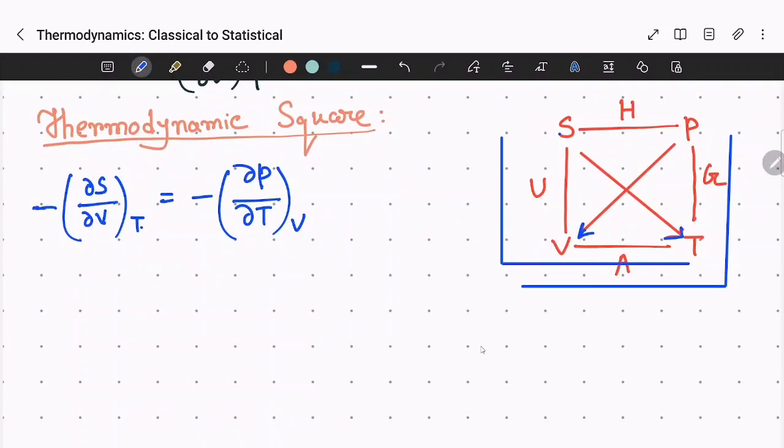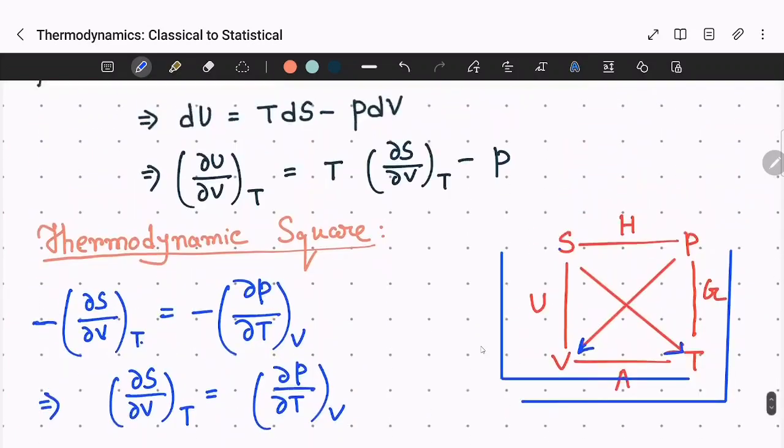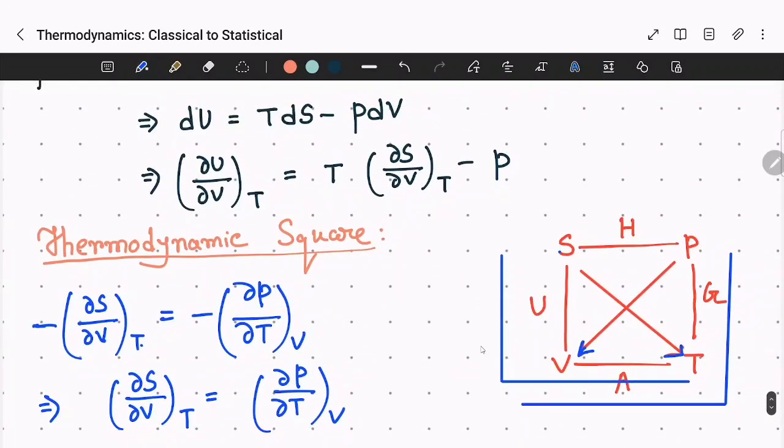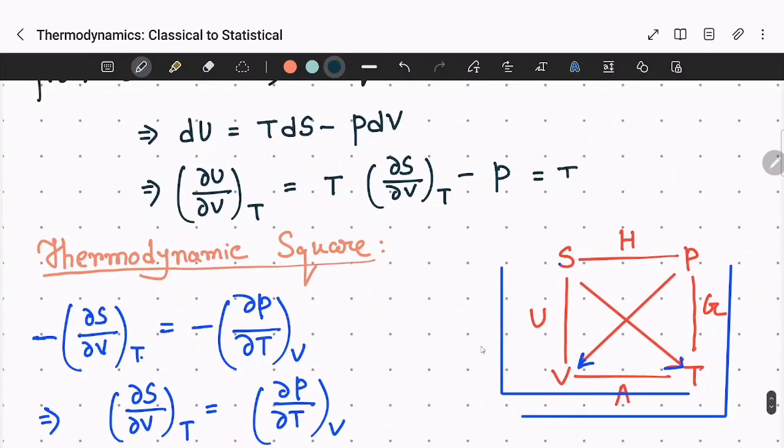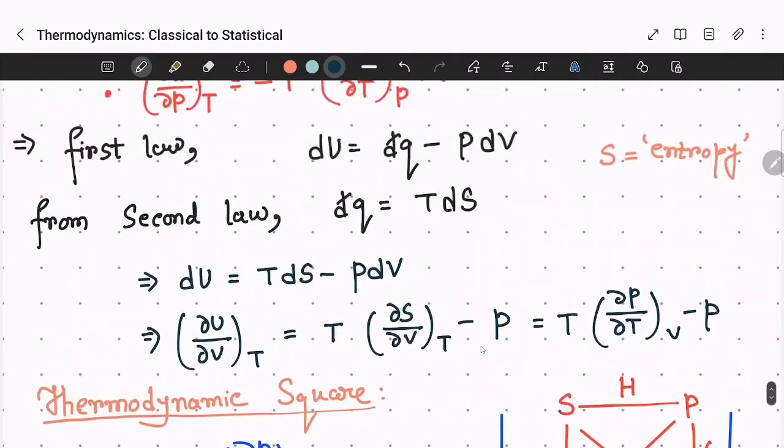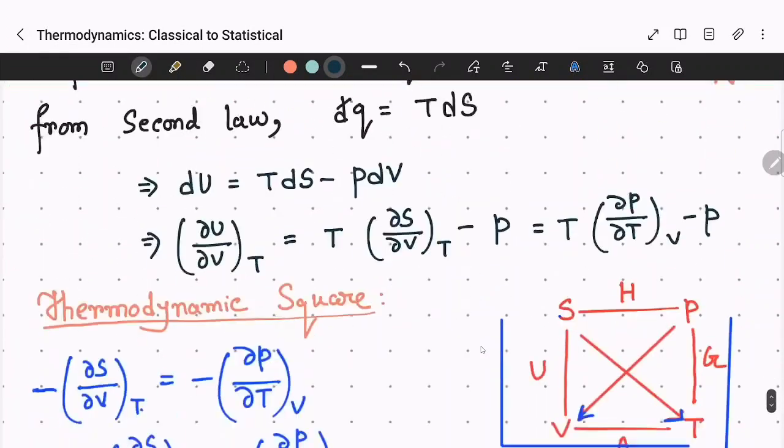So we can write it: del S del V at constant T equals del P del T at constant V. Essentially this is the first equation.